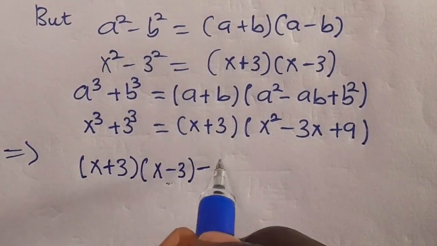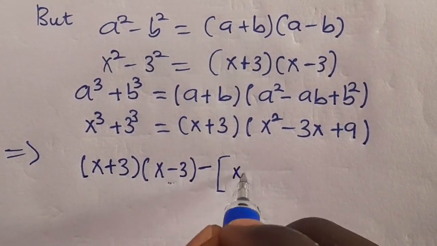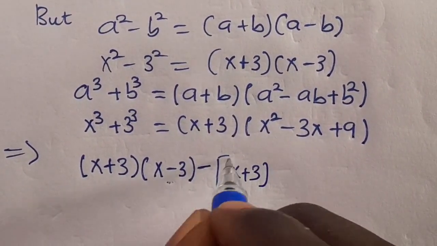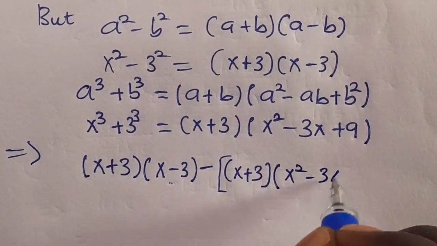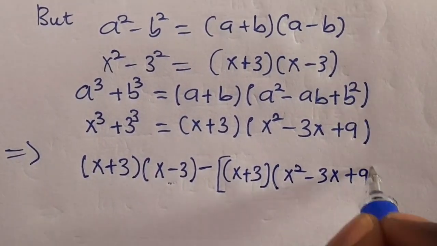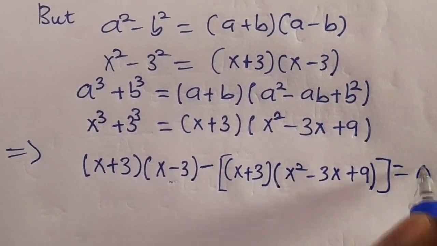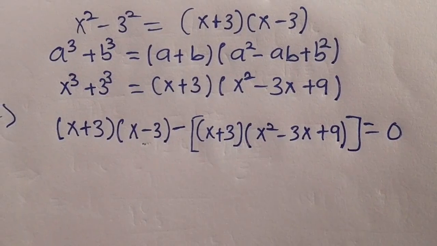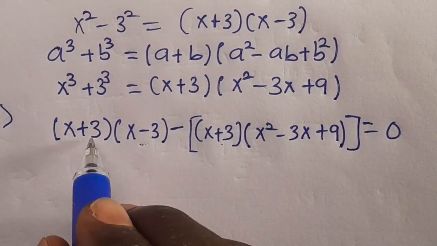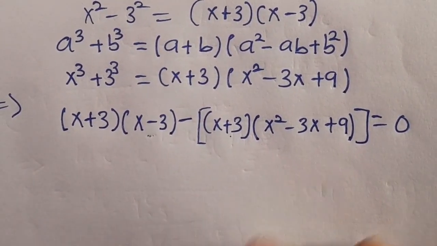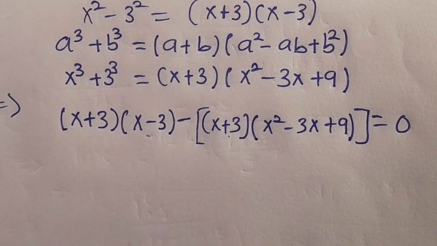Then we now have the whole of this as x plus 3 multiplied by x squared minus 3x plus 9, then everything equals 0. Now, we have x plus 3, x plus 3. So therefore, x plus 3 is common. We can easily factor it out.